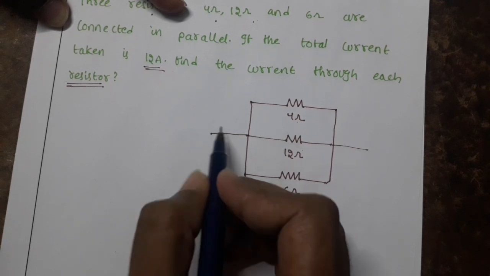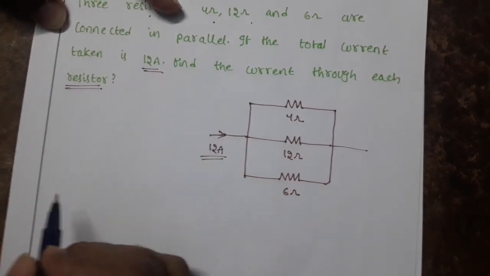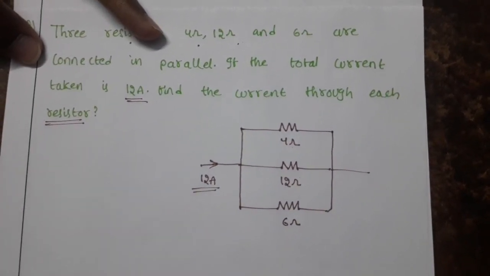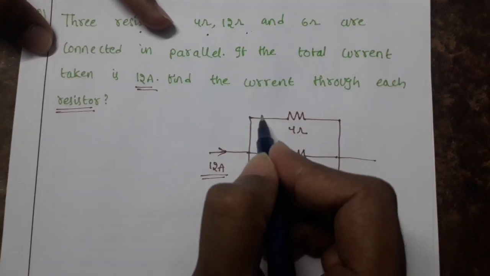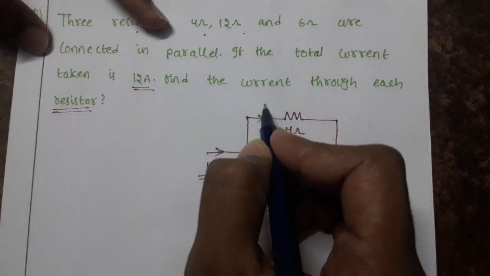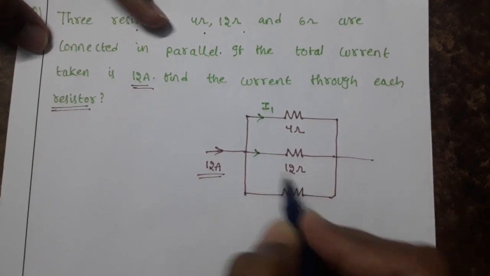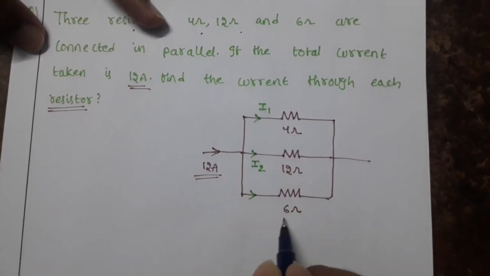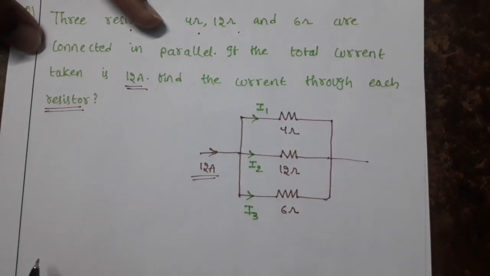Here they have given the total current of 12 amperes instead of a voltage source. So whenever they give the total current, go by the current division rule. I am taking the current through the 4 ohm resistance as I1, the current through the 12 ohm resistance, branch 2, as I2, and the current through the 6 ohm resistor, branch 3, as I3.